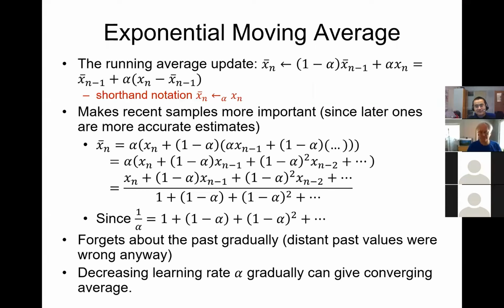Distant past values are wrong anyway for value function estimation. So it's not a simple average, it's an uneven average: more recent values are weighted more than older values. Decreasing the learning rate alpha gradually can give a converging average.